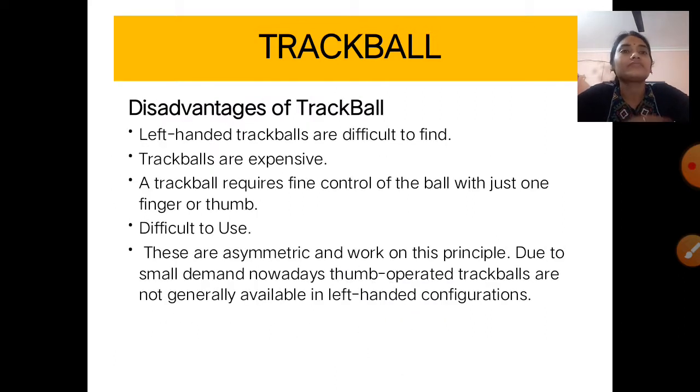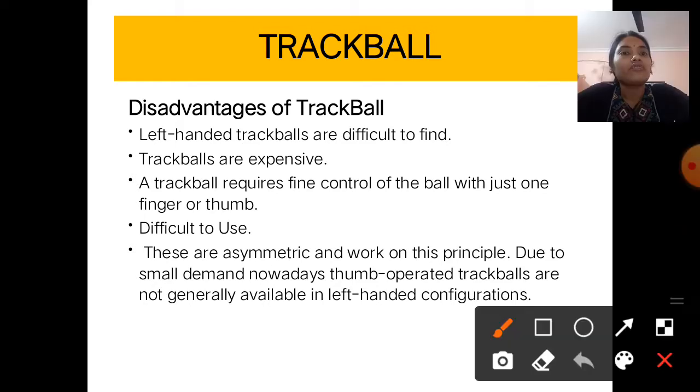Okay. What are the disadvantages of the trackball? Left-handed trackballs are difficult to find. Trackballs are expensive. Trackballs require fine control of the ball with just one finger or thumb, so they are difficult to use.